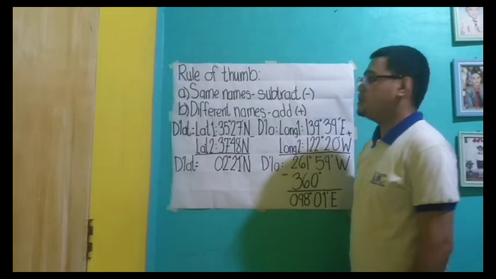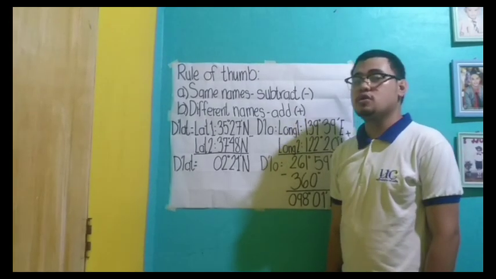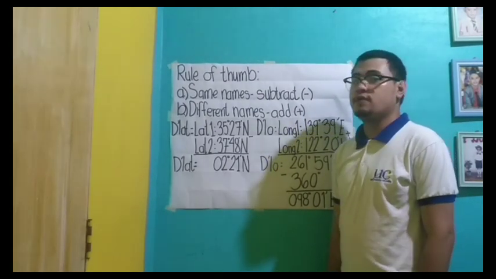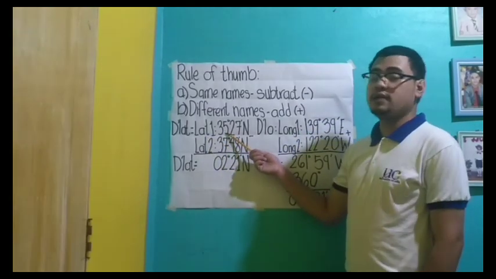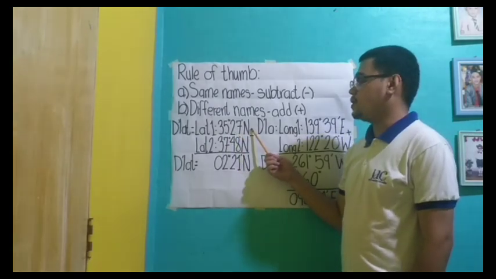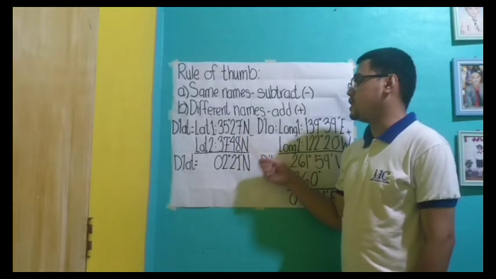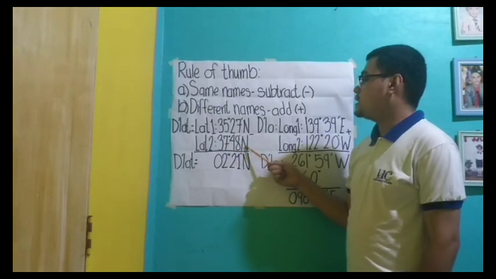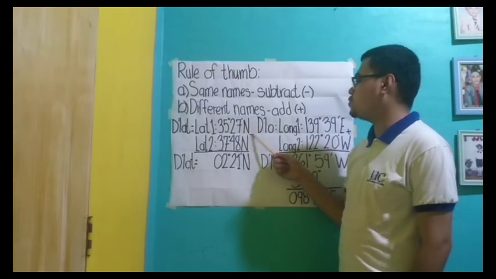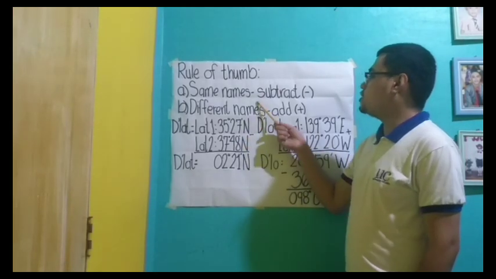So in finding the difference of latitude, we need the two latitudes. So the first latitude is 35 degrees 27 minutes north. And the second latitude is 37 degrees 48 minutes north. Since it has the same names, which is north, we need to subtract it.